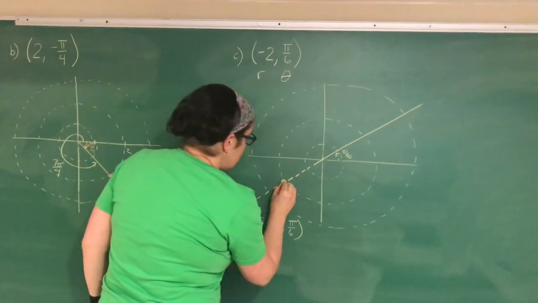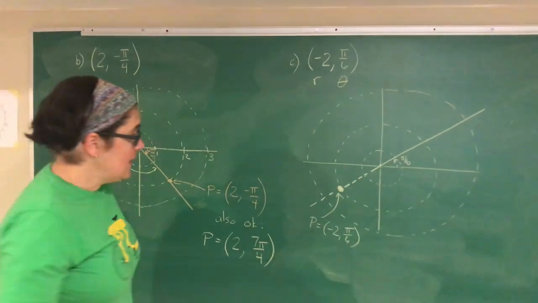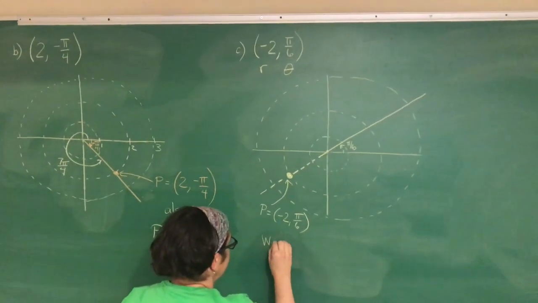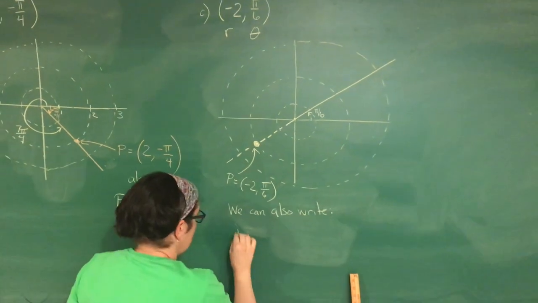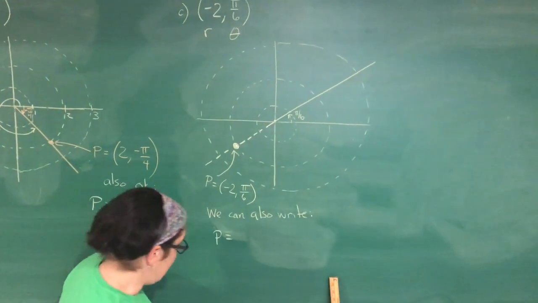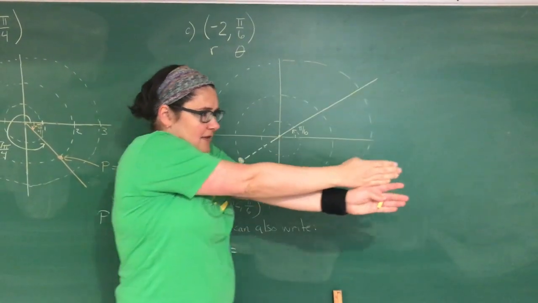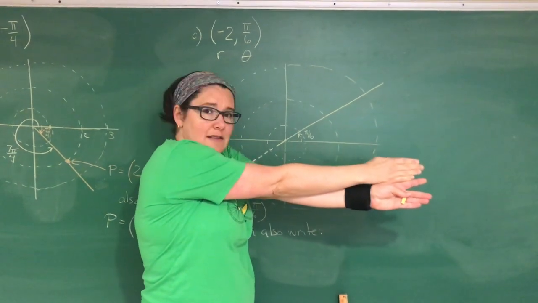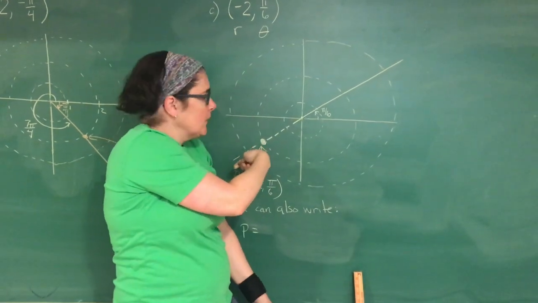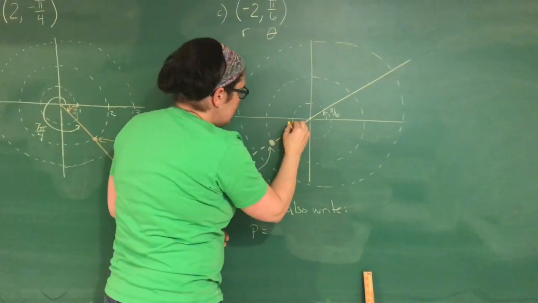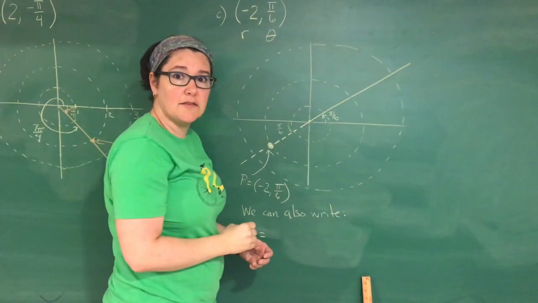Okay, now I mentioned on the other examples that there are multiple ways to describe this same point, and so we can also describe our point P in the following way. If I think about, instead of having this angle of pi over 6, if I instead swing from our positive x-axis all the way around to that back side of the angle, well, this little piece here is the same angle as over here, so that little reference angle is pi over 6.